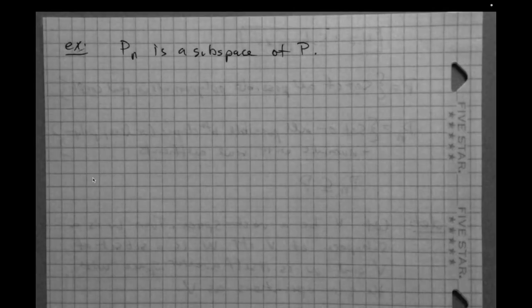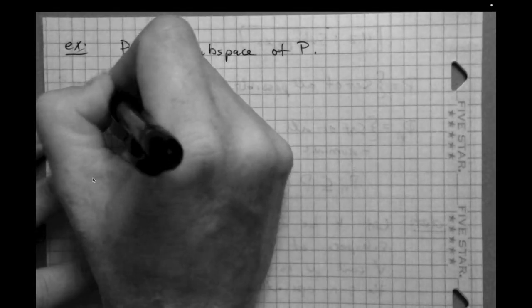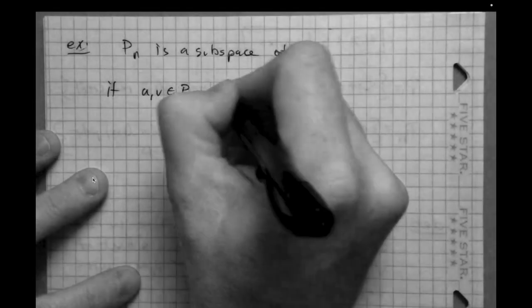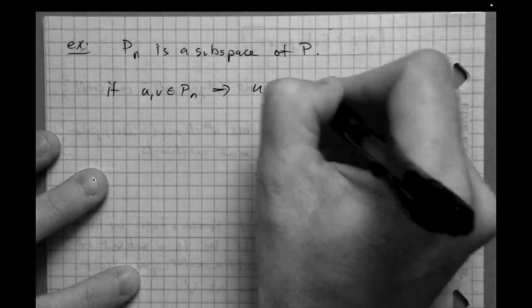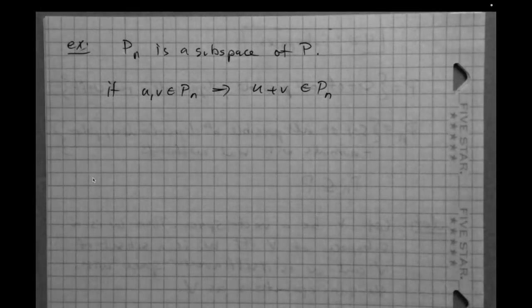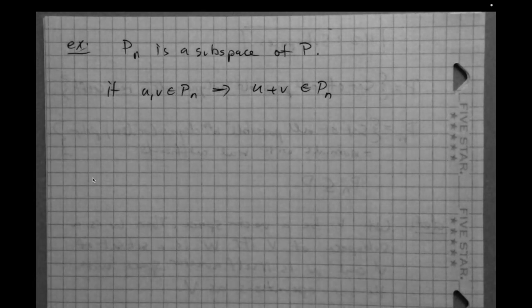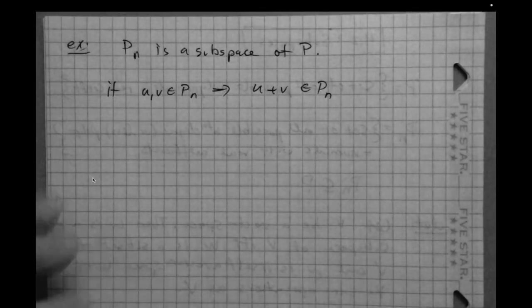But the thing to notice with the subspace is that specifically, if you have two vectors in P sub n, then u plus v is going to stay in P sub n. And what that specifically means in the case of P sub n is that the degree of u plus v does not increase.